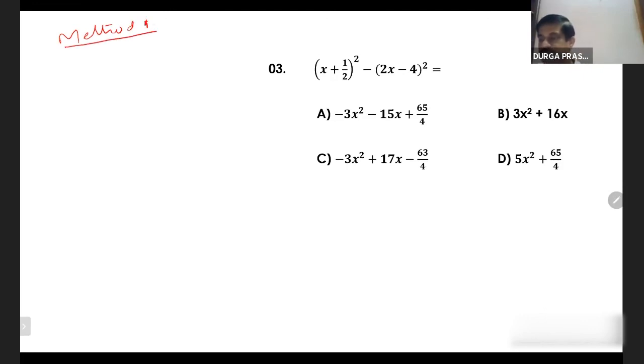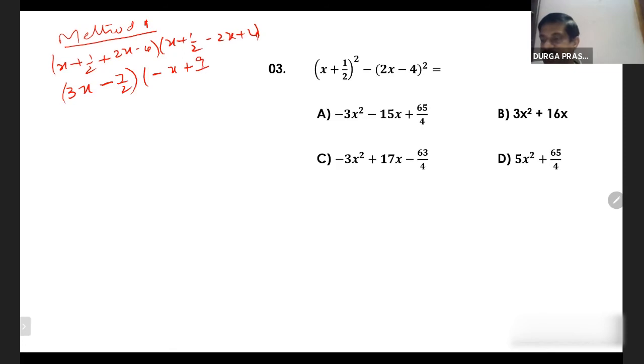Okay. So if you use this, a square minus b square is a plus b into a minus b. So this is x plus 2x is 3x, half minus 4 is minus 7 by 2, into x minus 2x is minus x, 4 plus half is 9 by 2.